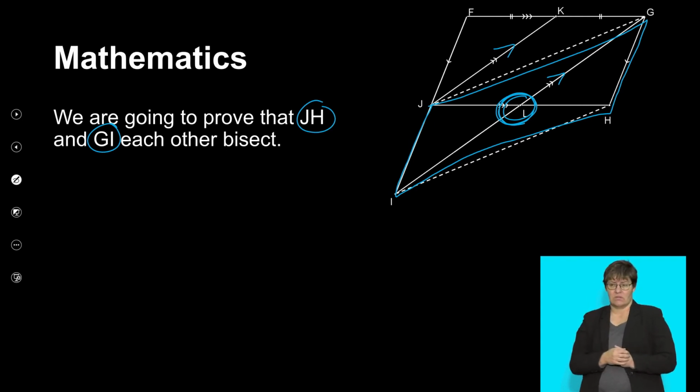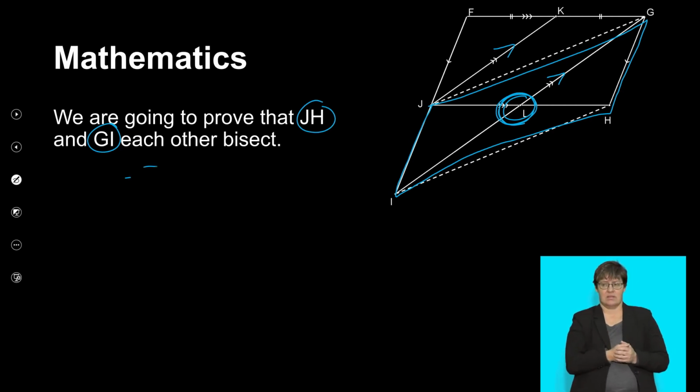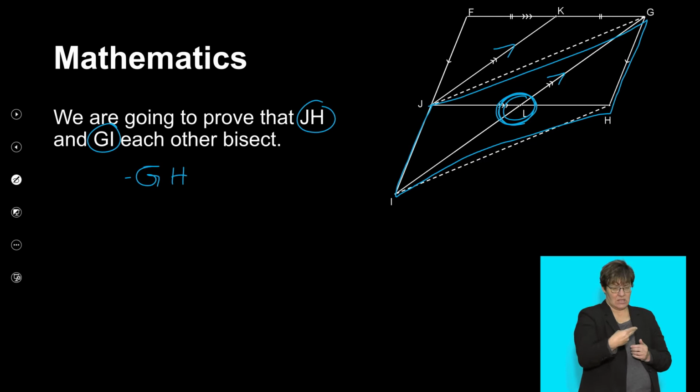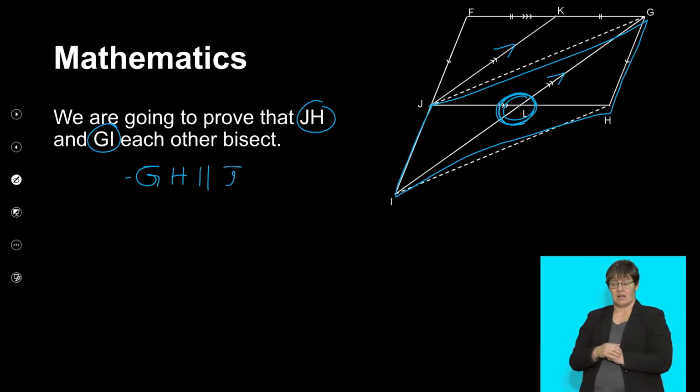So automatically, based on that, I will just say, number one, I know that GH is parallel to JI, right? And that will be a given because it's a parallelogram.